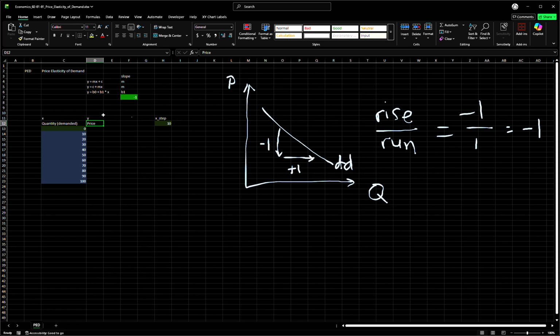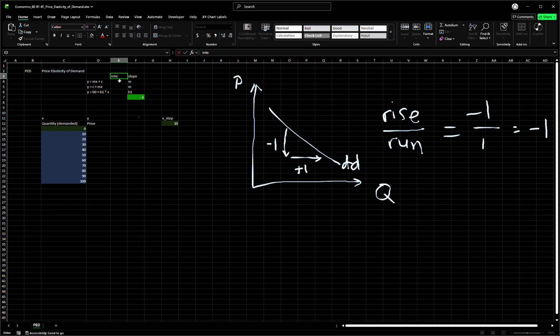Demand is 0. Okay, so we have everything we need for the equation. We got the intercept here, we got the slope here.